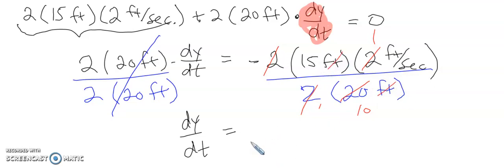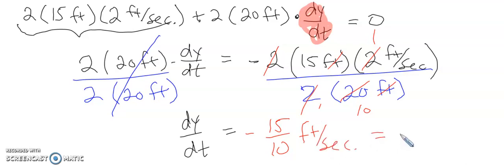So it's negative 15 over 10, and it's feet per second, which is the same as negative 1.5 feet per second. Okay, and that's the answer for 8A.